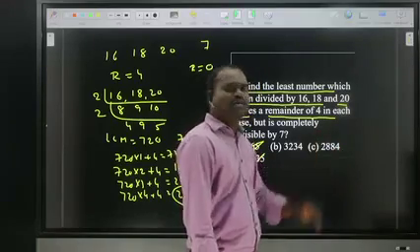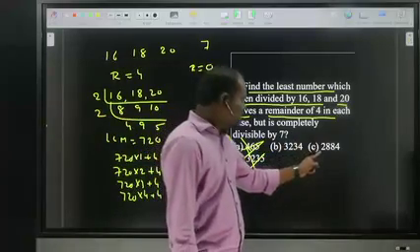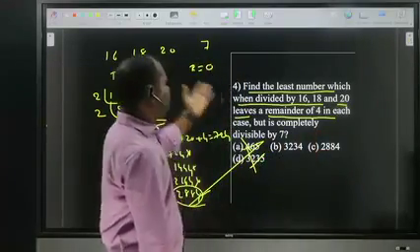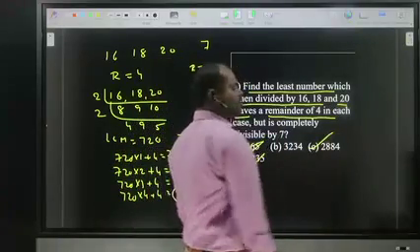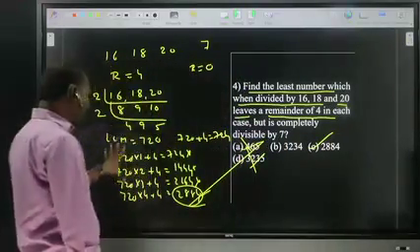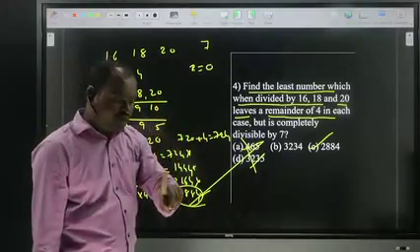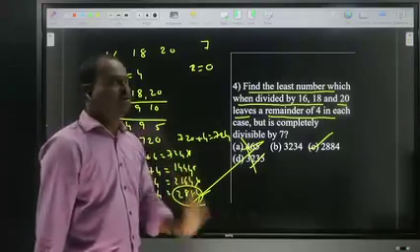Remainder 4 clearly. Next 18. 18 ones are 18, 18 6s are 108. Remainder 4, that is clear. Anyway, by looking we can say 20 table also remainder 4. So what is the answer? Option C. We can follow the procedure or go through options by looking. While moving through options, first of all check the second condition. After that only go for the first condition. Okay na?